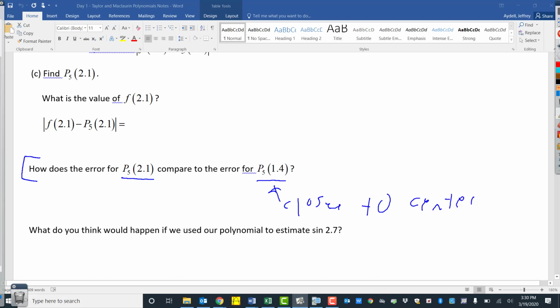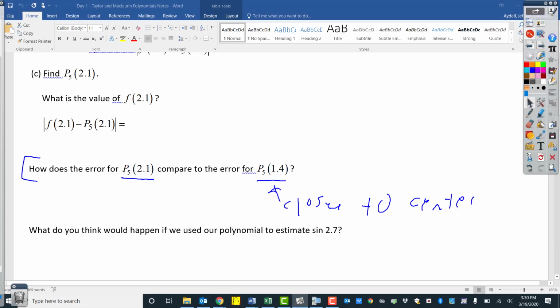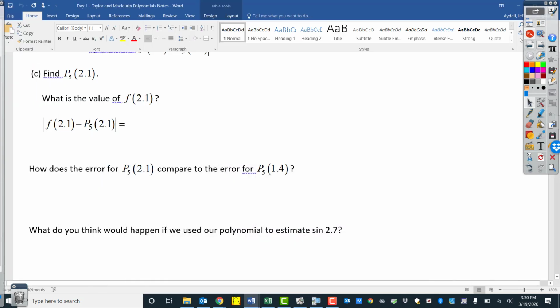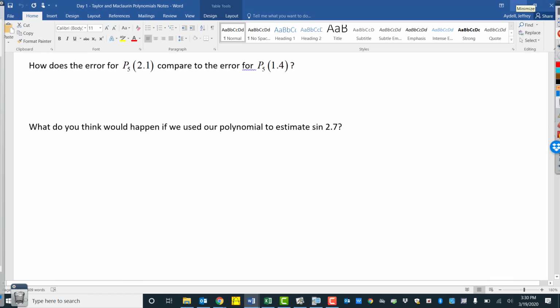As we saw when we graphed it, the closer we were to that center point, the more accurate it would be. So 1.4 is about right here, whereas 2.1 is about right here. And so you see there's a good difference between which one is more accurate.